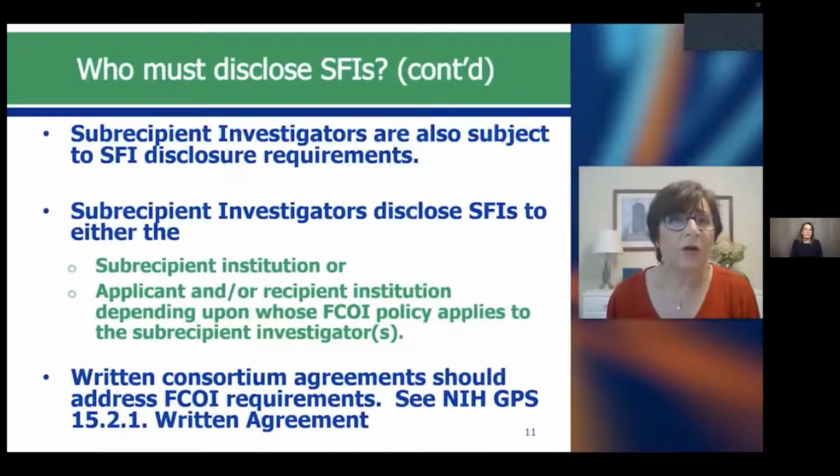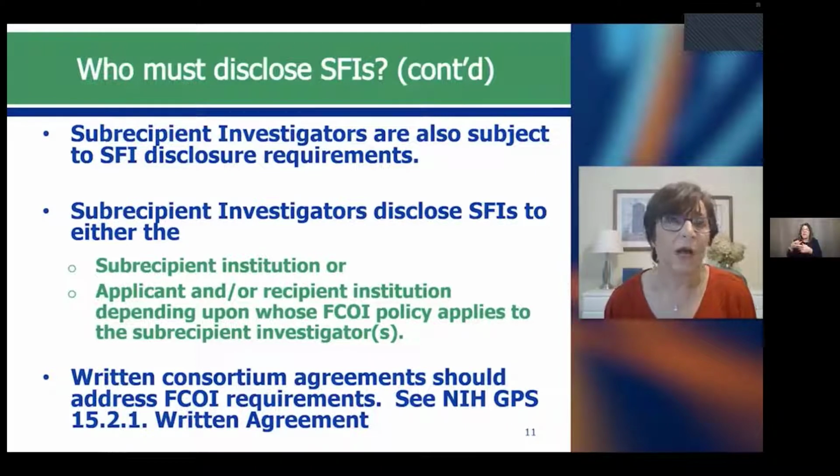So not only are investigators at the prime institution subject to the disclosure requirements, but if you subcontract any work to a third party, then the subrecipient is also subject to this regulation, and therefore subrecipient investigators are also required to disclose their significant financial interests for a determination of a financial conflict of interest.